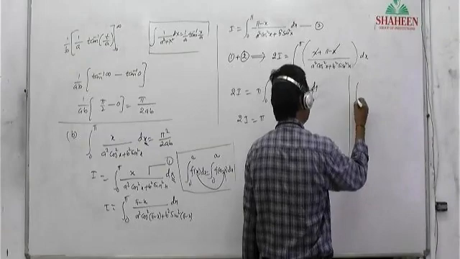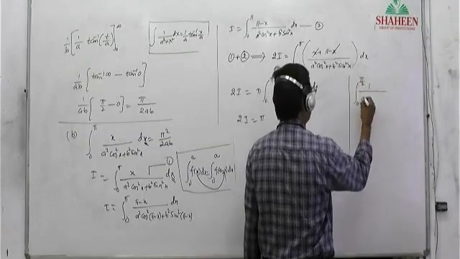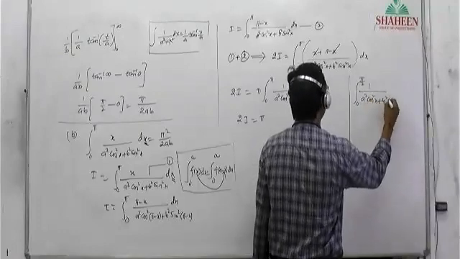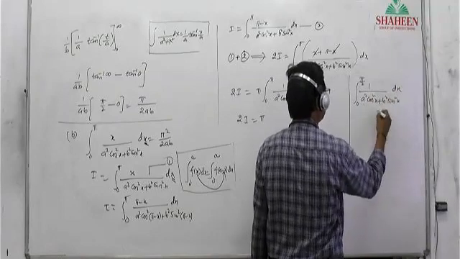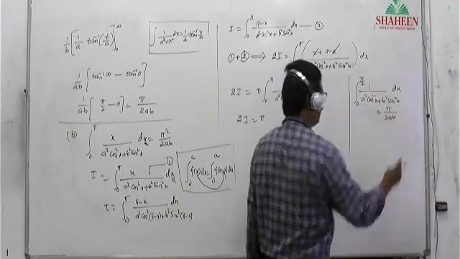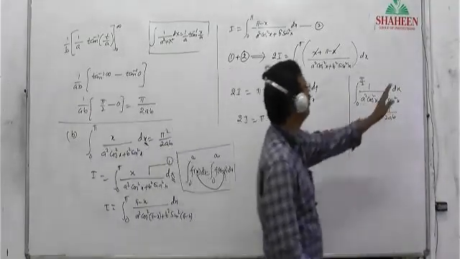In the last problem, the limits are 0 to pi by 2, but here not like that. The problem is the same, but the limits are not the same. The answer we got there was pi by 2ab.